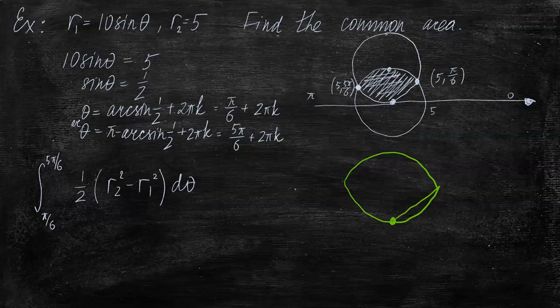pi over 6 goes here, 5 pi over 6 goes here. So if you set up this integral, it's not going to return what we want. At least it's not going to return everything that we want. It is going to miss, well, actually it also depends on the behavior.